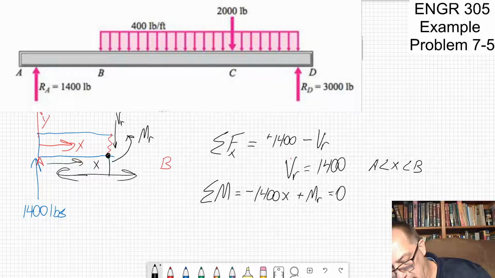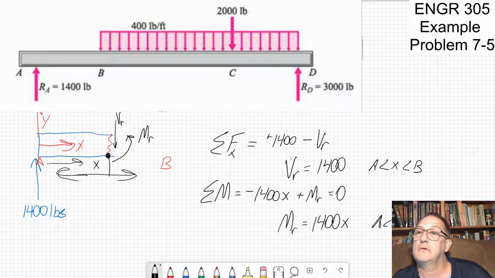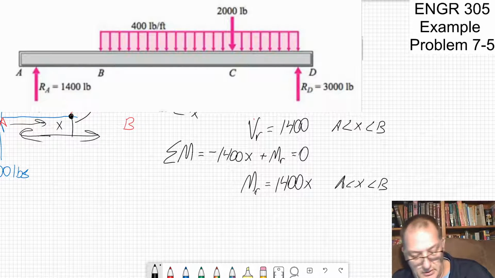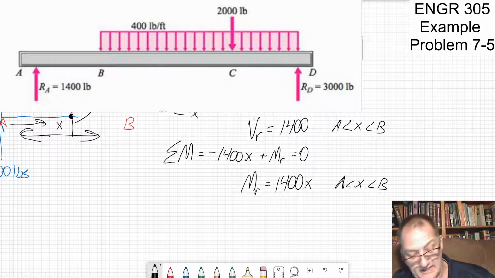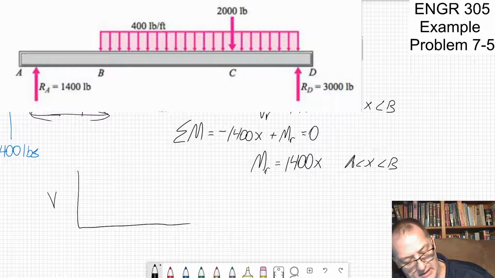So MR, the reaction moment at that face, is equal to 1,400 times X for X between A and B. So now what I want to do is start plotting this stuff, because that's what we're going to be asked for. If I were doing a shear diagram, I'm going to have positive and negative shears.